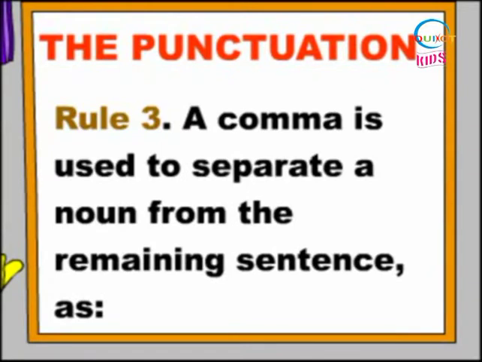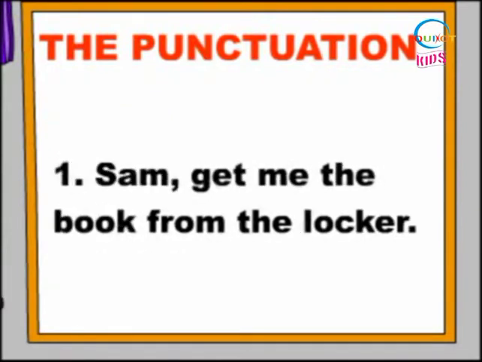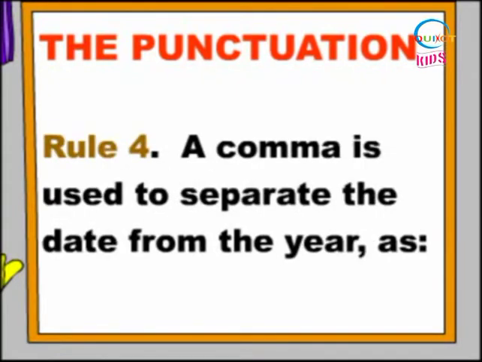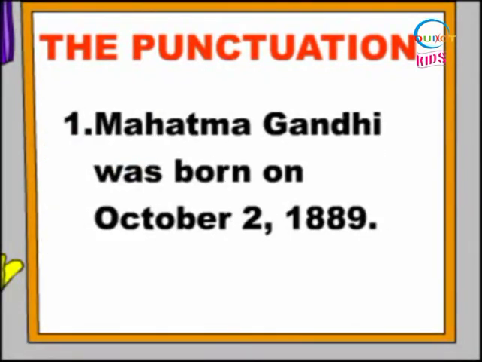Rule 3. A comma is used to separate a noun from the remaining sentence, as Sam, get me the book from the locker. Rule 4. A comma is used to separate the date from the year, as Mahatma Gandhi was born on October 2nd, 1889.